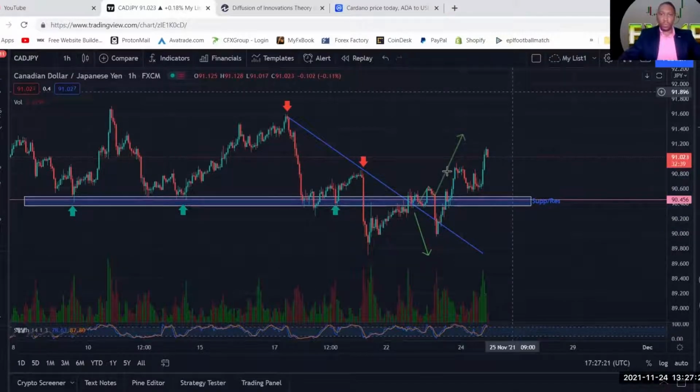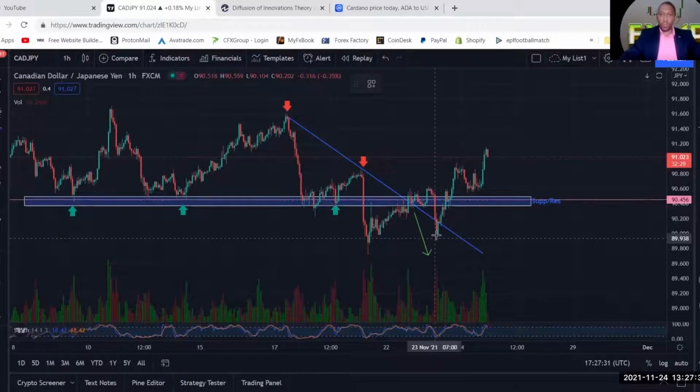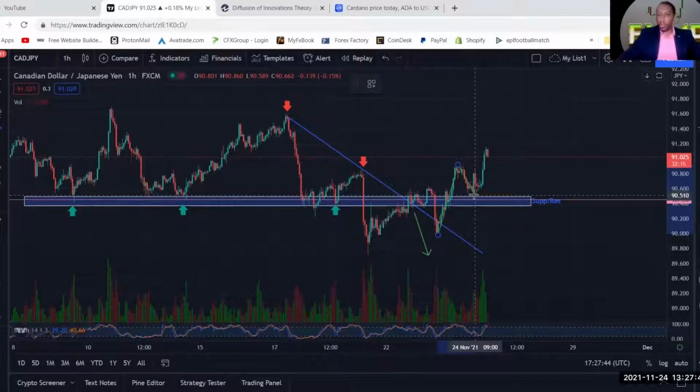Wrong tool. Let me remove this and draw a new one for you, so we can track the move. So let's track this move. We fell below here, we got a breakout above, then we came back down and we tested. Now, mind you, I missed this opportunity to buy.